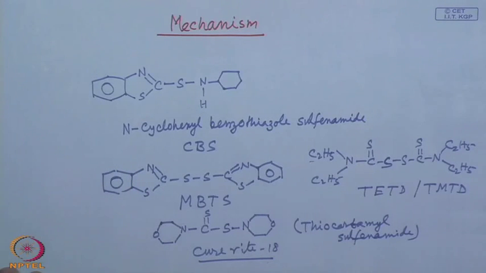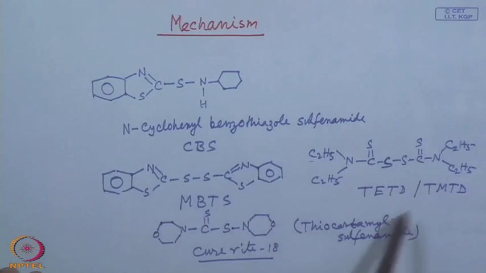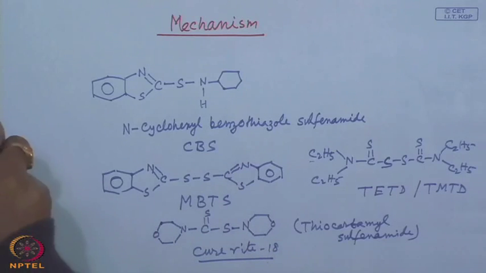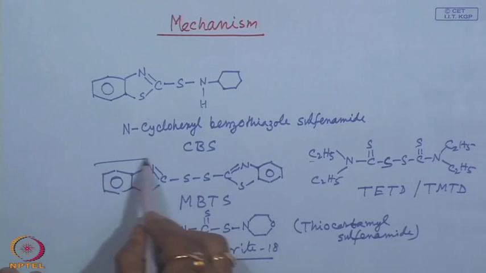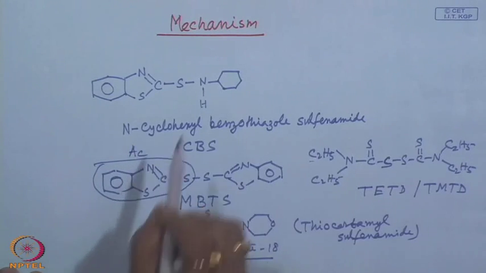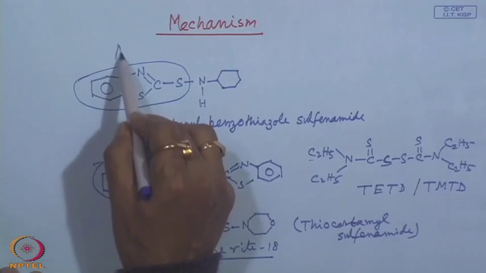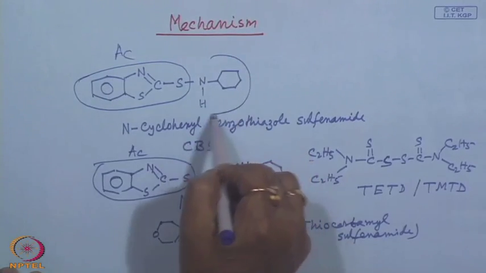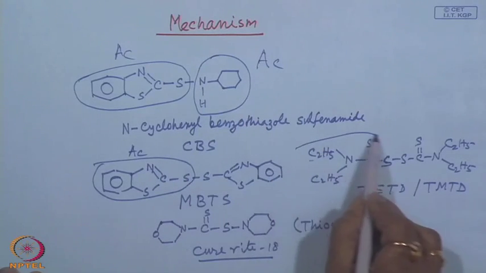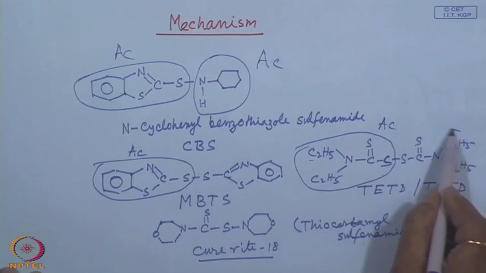Now, the accelerator here can be any of these compounds. Here it is written AC; AC represents a part of this structure, the accelerator residue. This part can also be AC.